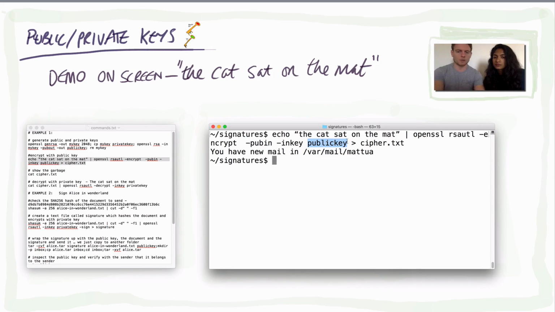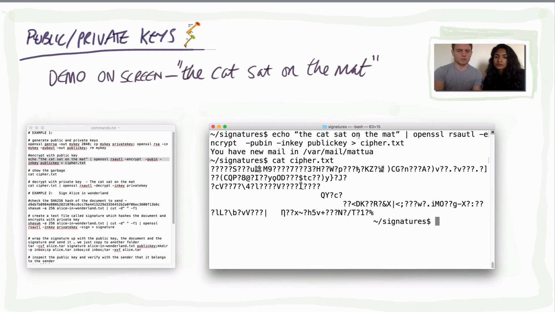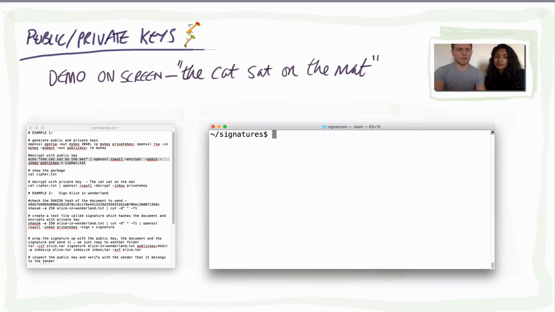Then I'm going to create a cipher text file. The contents of that file is the scrambled version of the cat sat on the mat. If we have a look at what that looks like, it's just garbage. Nobody can read that. So we've created this cipher.txt.